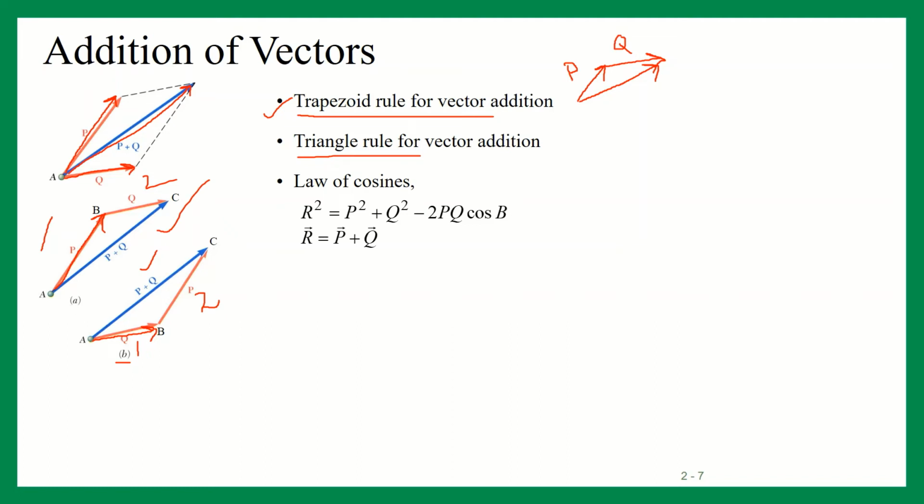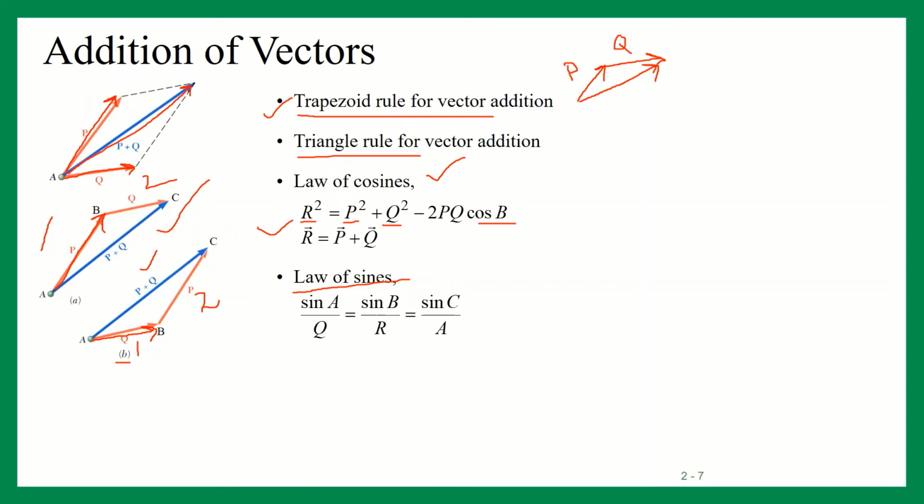and you can calculate it also by the law of cosines. So if this is the P and Q, then you can calculate R by this. Means magnitude you can calculate by this: P square plus Q square minus 2PQ cos B, where this B is the angle between the vectors. Okay. And the relation between the angles is by the law of sines.